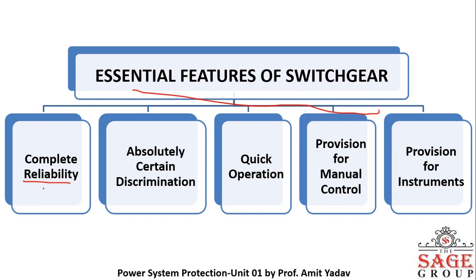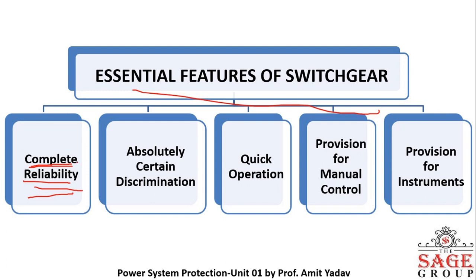With the same definition, we can define this feature of switchgear: due to continuous operation, if the switchgear gives us the same performance again and again when a fault occurs, then we can say the switchgear is totally reliable. This is a very important feature of switchgear.